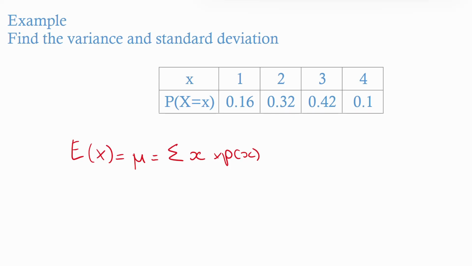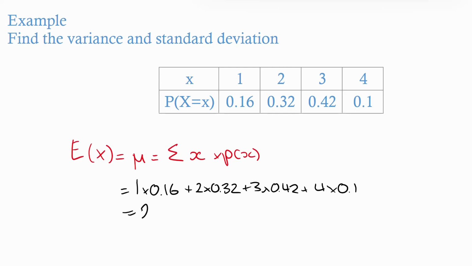So in our example here, this is going to be 1 times 0.16 plus 2 times 0.32 plus 3 times 0.42 plus 4 times 0.1, and that comes out as 2.46.